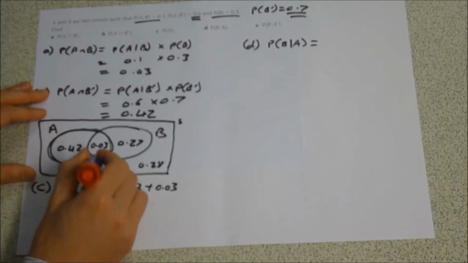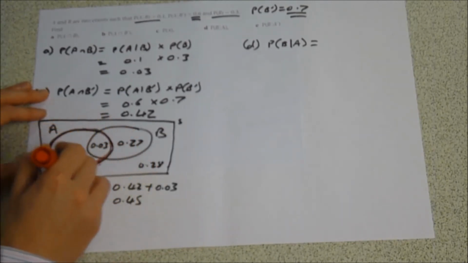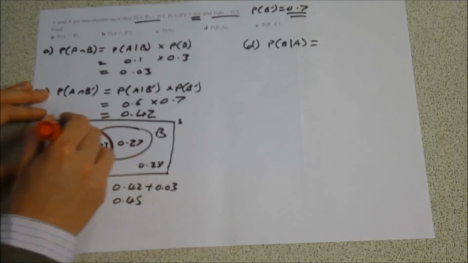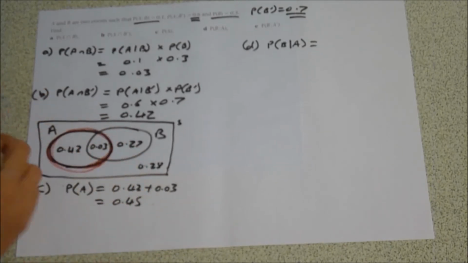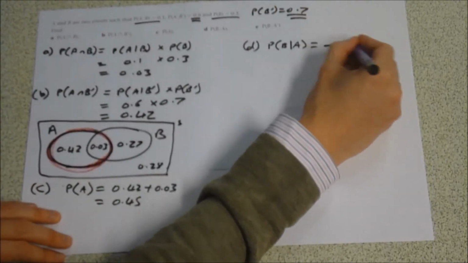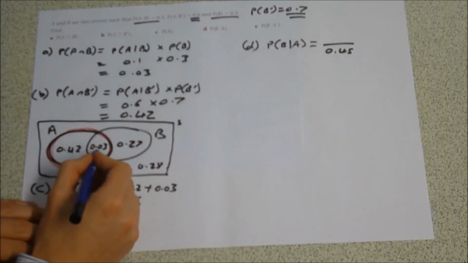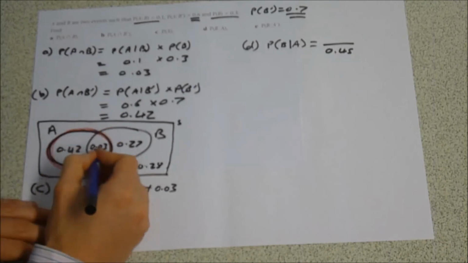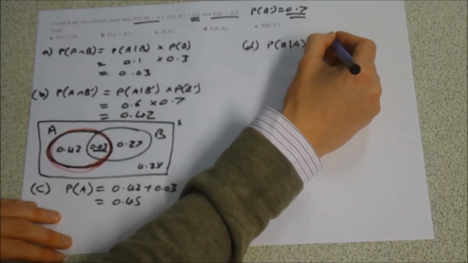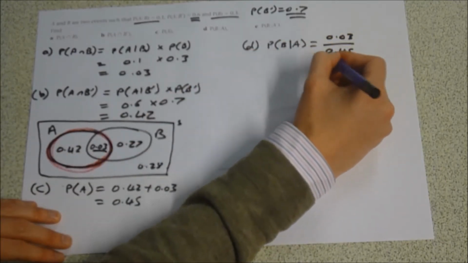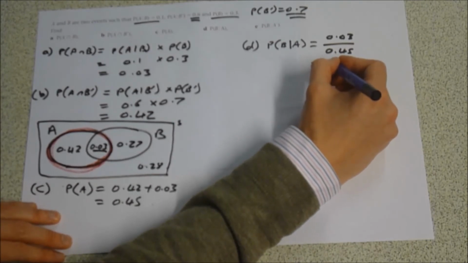Well, if I know A has occurred, I'm looking at this circle here. A has definitely occurred, that's my denominator. So again, that's 0.45, those two values added. And I want B to occur, which happens here in the 0.03. So 0.03 divided by that, again, gives us 0.06 recurring.